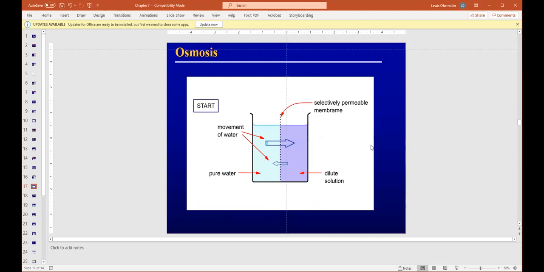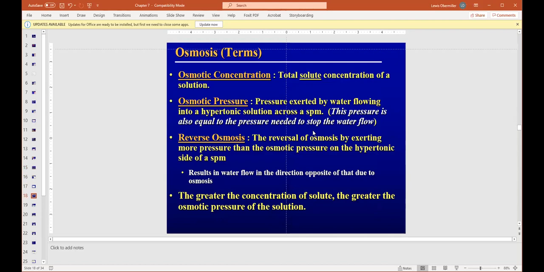All right. This is just showing you that across a selectively permeable membrane that is porous to water, water is going to move out and in at an equal ratio, which we already talked about. So these are some terms that you guys need to know. Osmotic concentration is the concentration of the solute.